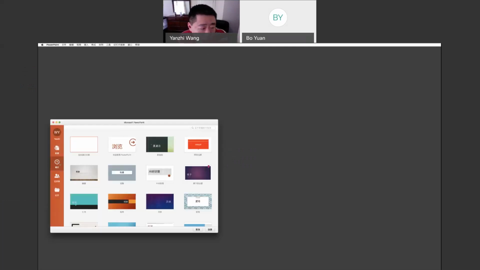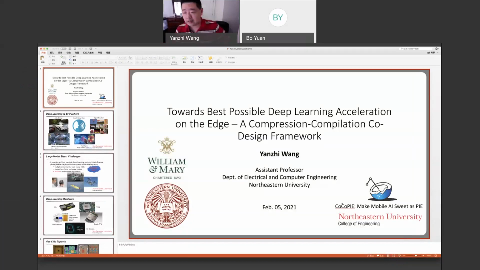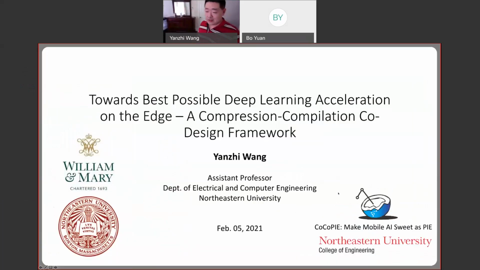Can you see the screen? Yeah, we can see the screen.